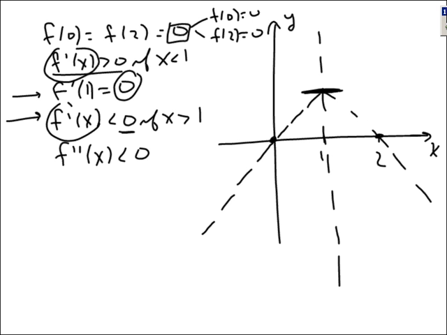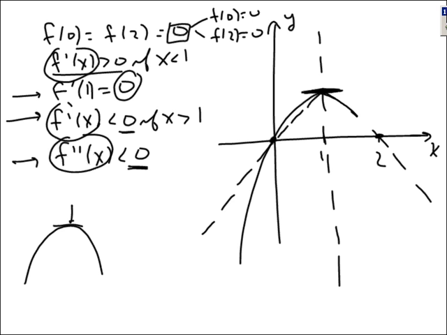Okay, and the concavity, the second derivative is always negative, which means concave down. It goes like this. Okay, and the high point, where the slope is 0, must be at 1. There's your graph.